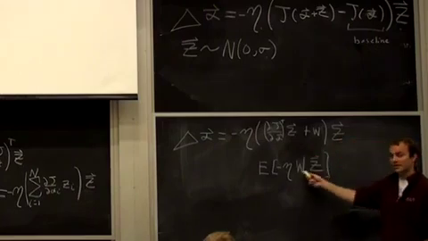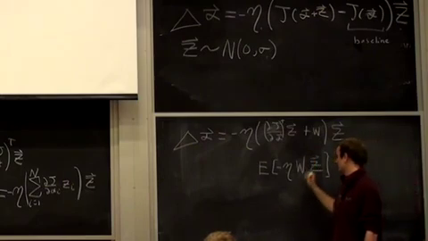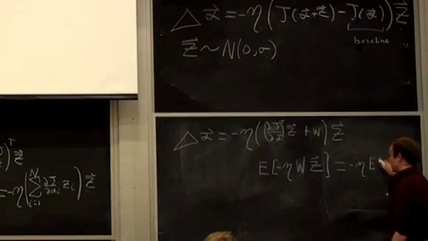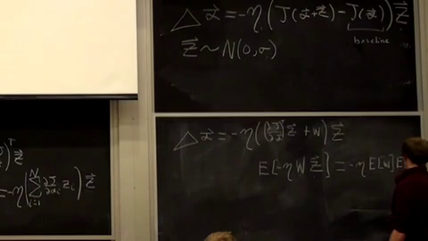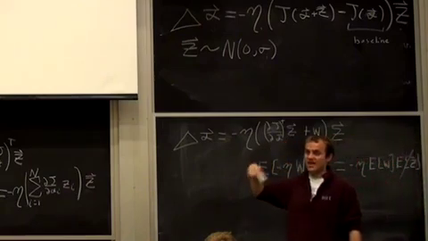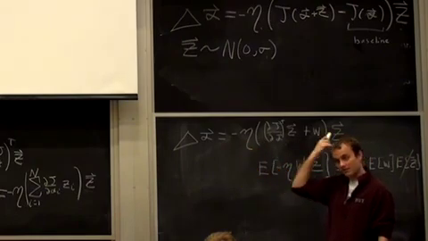But if they're uncorrelated, we can split them up. That'll be equal to negative eta, expectation of W times expectation of Z. Now we know that Z is mean 0 again. That's 0, so it's not going to affect it either. We're still just going to get this term. And so you can add additive random noise, and you'll still move in the true expected direction of the gradient, right? So that's sort of cool.